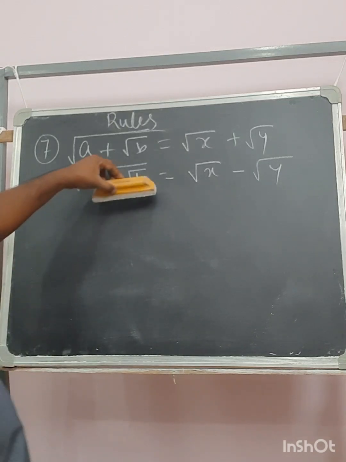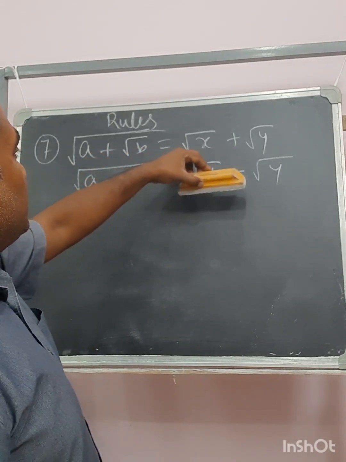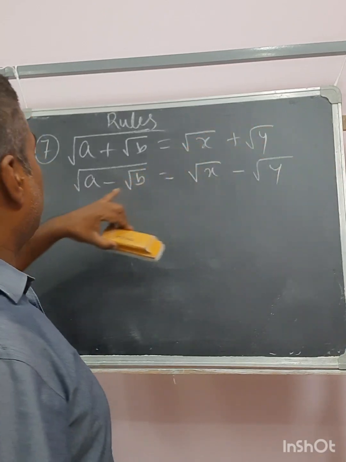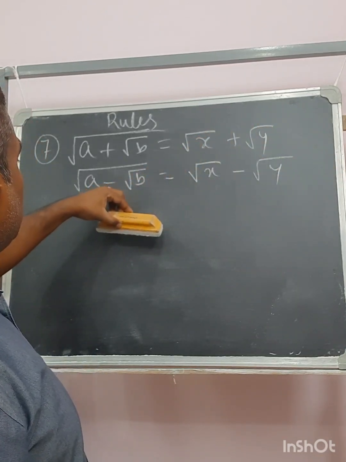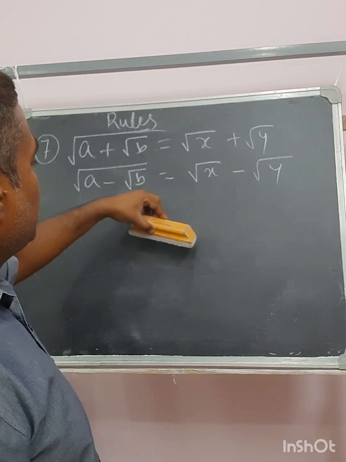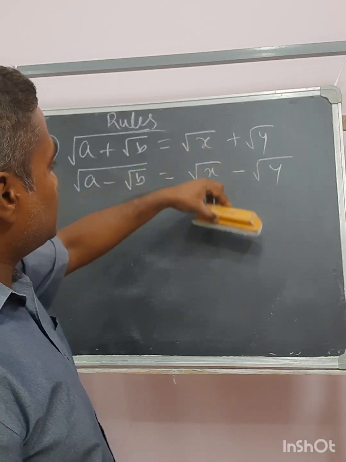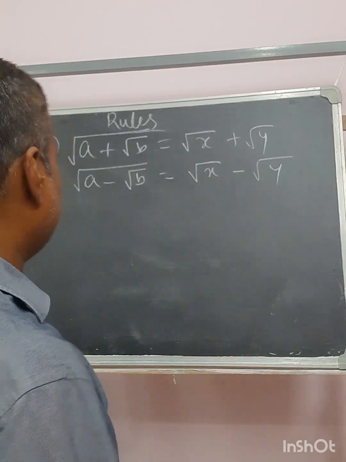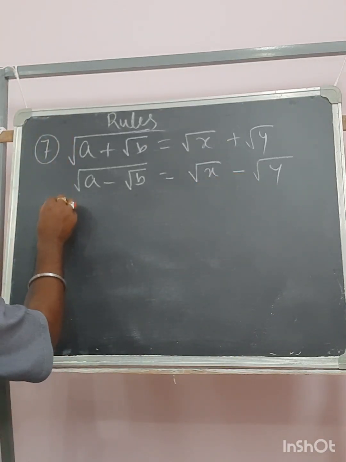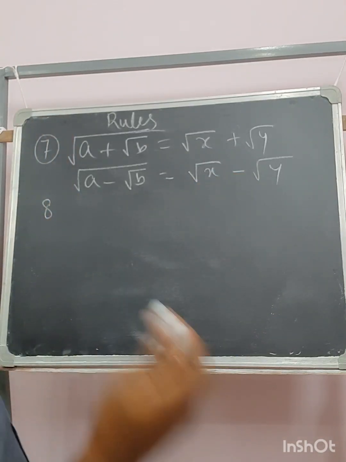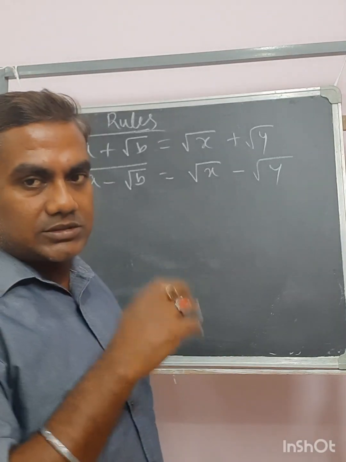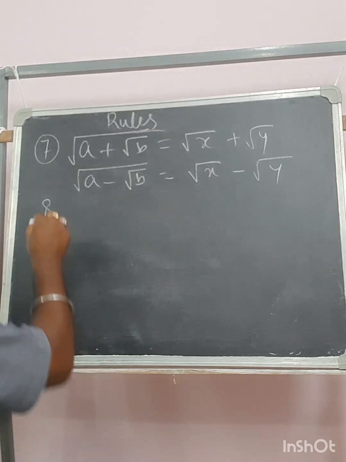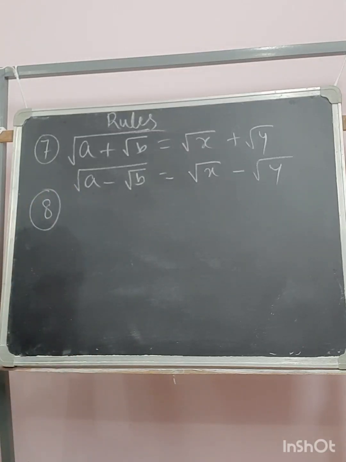That means if a plus root b gives you the result root x plus root y, if it is true, then the other one with a negative sign, a minus root b, will also give the same surds, only it will come with a negative sign. I will give examples for these rules in later videos. Now we just concentrate on the rules first.